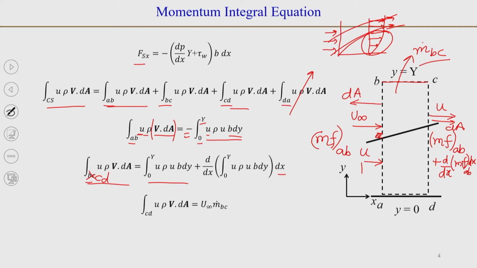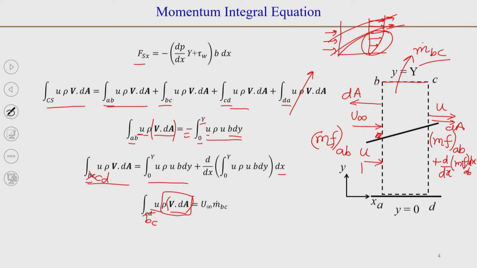We can write that the flow through surface BC is equal to u rho v dot dA. Now, rho v dot dA is the mass flow rate from this surface, so we can write this in terms of mass flow rate.